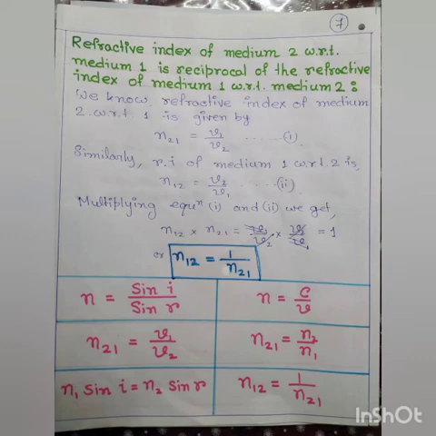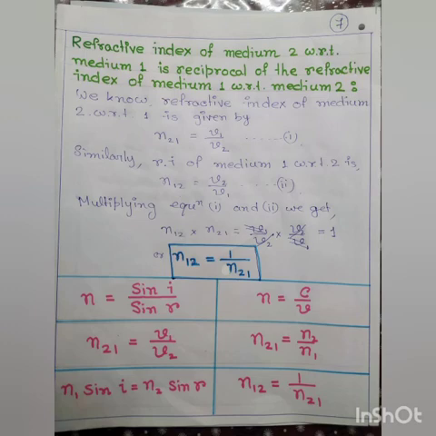Now see students, after this discussion, how many relations have we already learned? These 6 relations will help us to solve many numericals, and as these relations are very important, let us recall them. First, refractive index n equals sin i by sin r. Absolute refractive index n equals c by v.